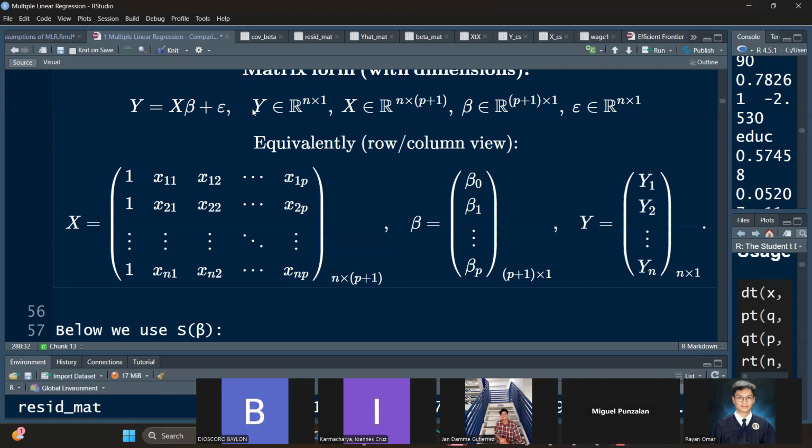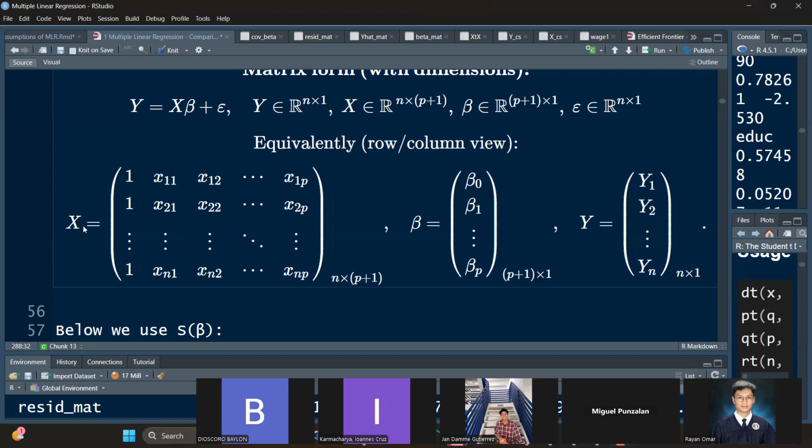And we said that your y is an n by 1 matrix: n observations, one column. Then your X is a matrix consisting of p predictors and n observations. We add 1 to accommodate the intercept.